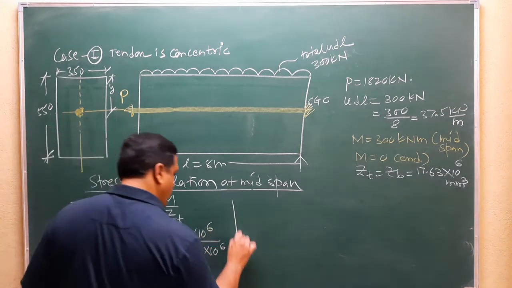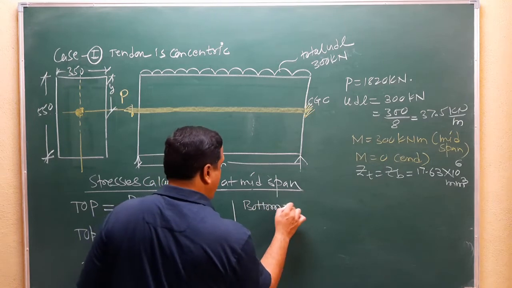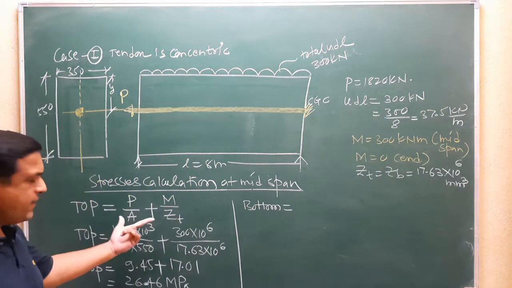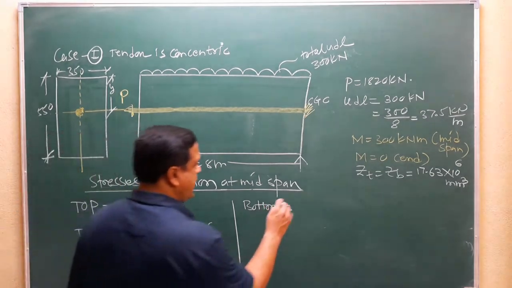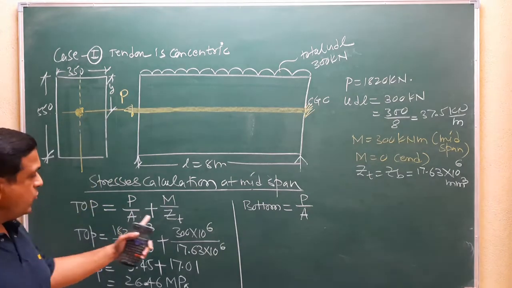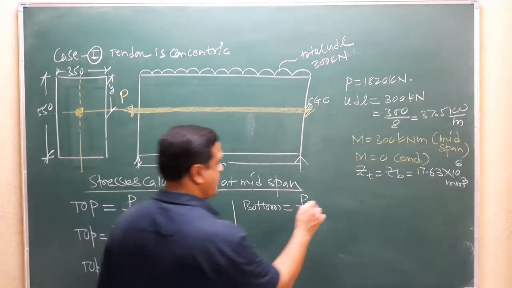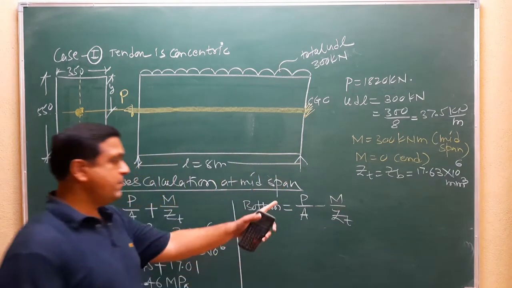Okay. Now what to do? You have to find out the bottom fiber stress. Put the same formula but change sign. So this formula is P by A. Don't change the sign of this term. Only change the sign of this term. It is minus M by Z top.